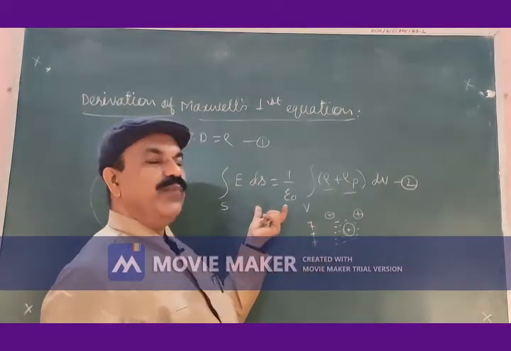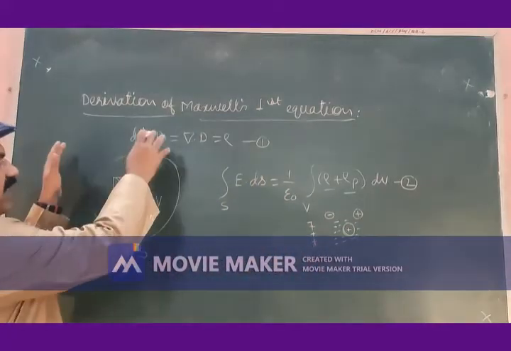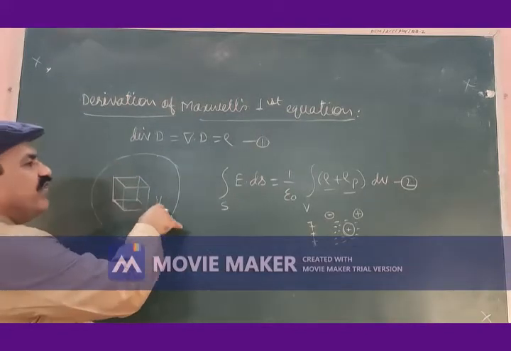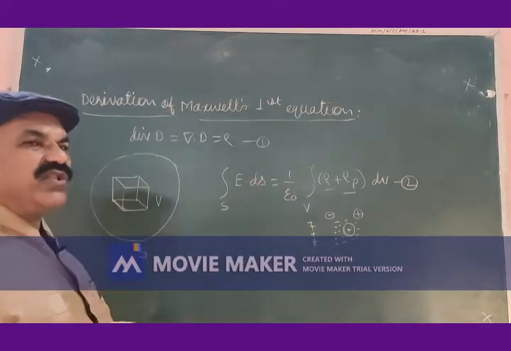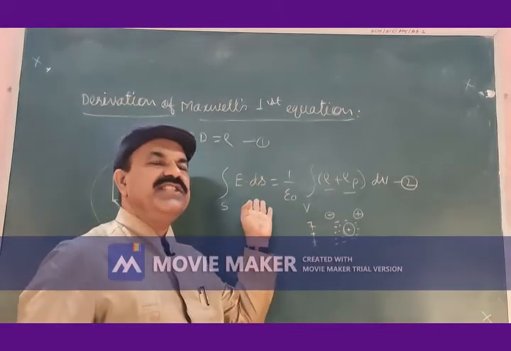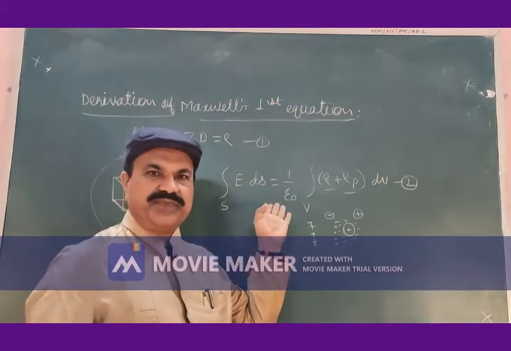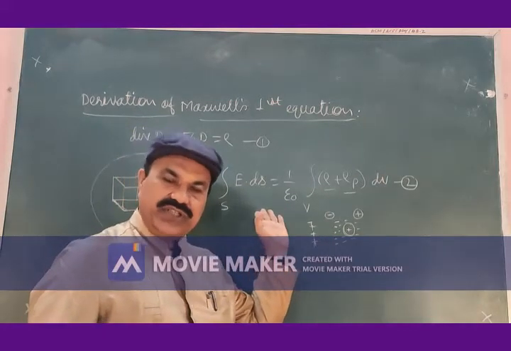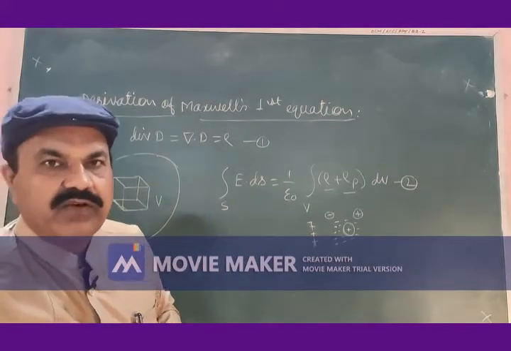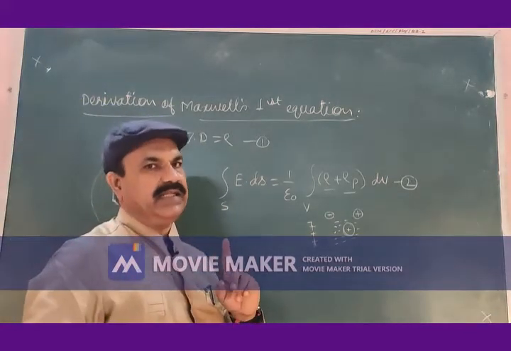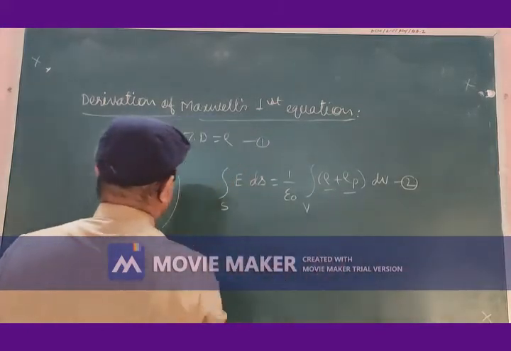For any dielectric material, if some surface encloses a volume V having these charges, then on the surface of this closed surface, the intensity of the electric field is this much. This equation is because of this type of behavior of the dielectric material. Got it? Then let us try to solve this equation.